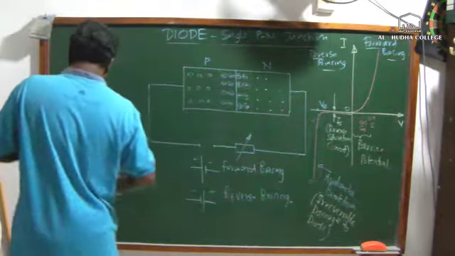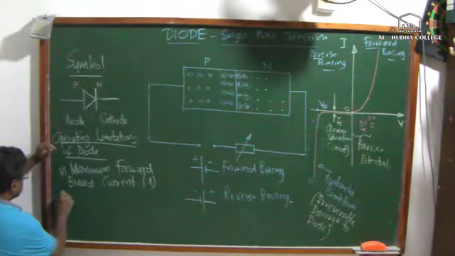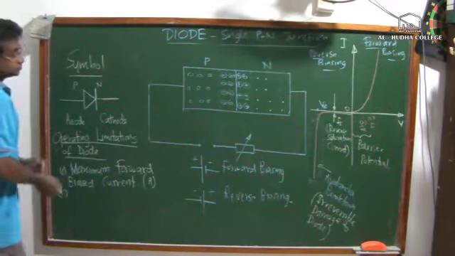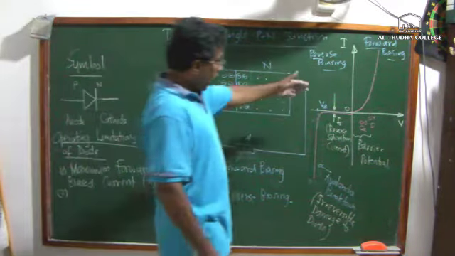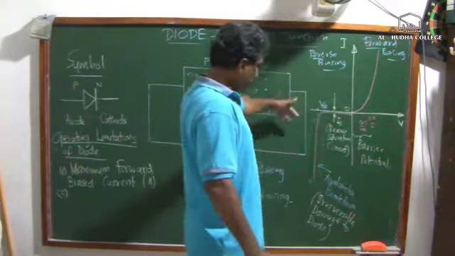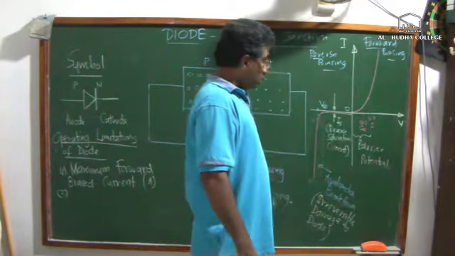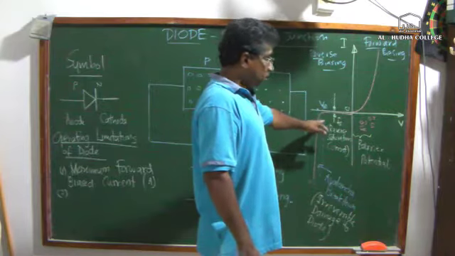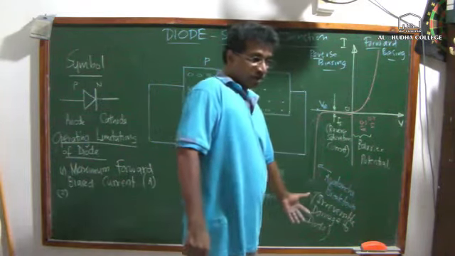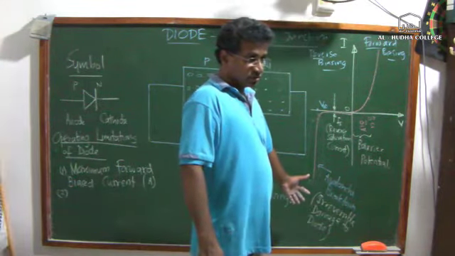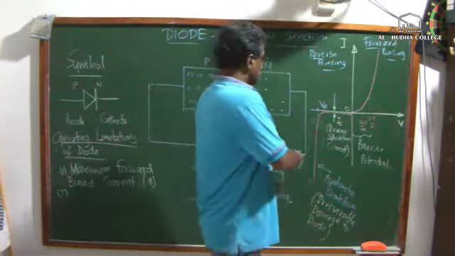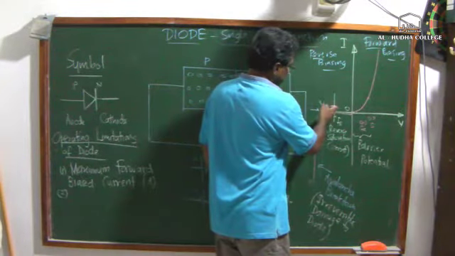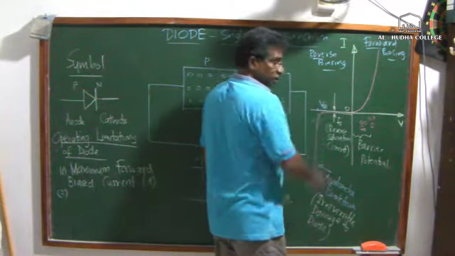And the second limitation is, if you apply a reverse bias voltage beyond the breakdown voltage VBD, the diode will be completely damaged. So we have to limit the maximum voltage you can apply.